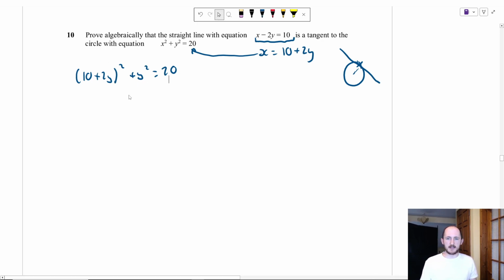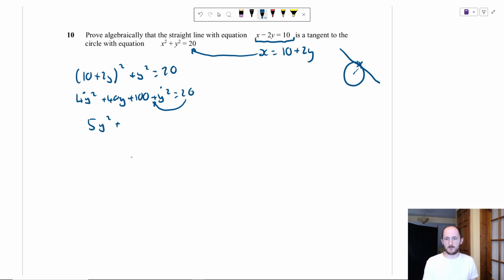So then we're just going to expand and simplify this. So 2y squared is going to be 4y squared, plus 20y, so plus 40y, plus 100, plus y squared equals 20. Okay. And yeah, so I'm going to move the 20 over to the other side and also combine the 4y squared and y squared to be 5y squared plus 40y plus 80 equals 0.